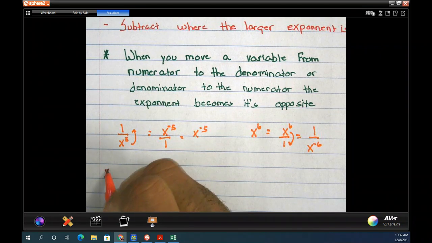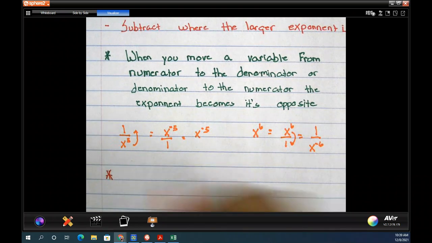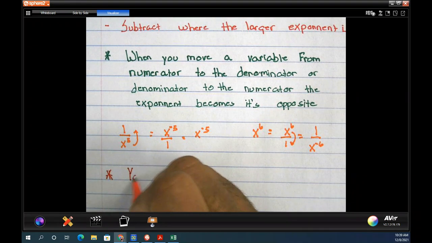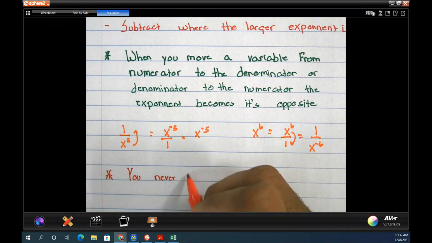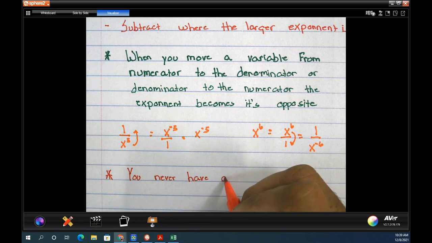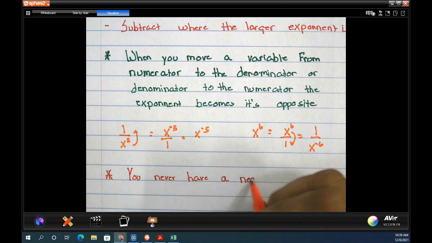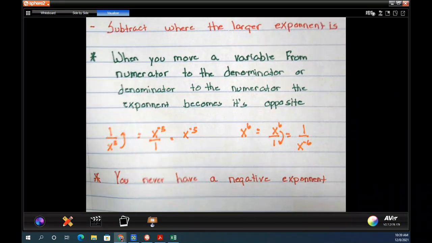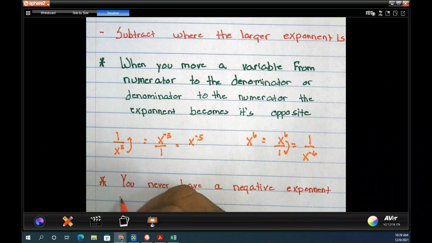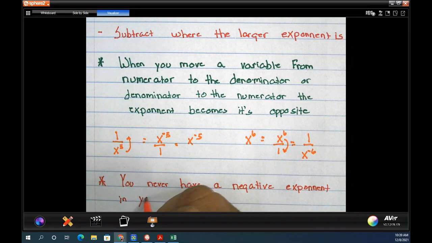Big one here. You never have a negative exponent in your final answer.